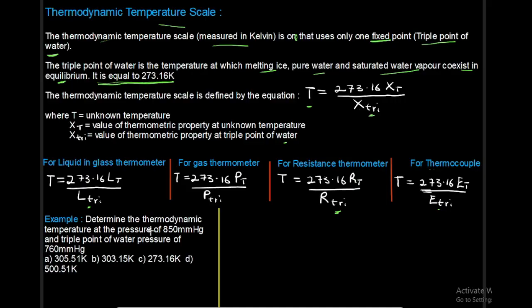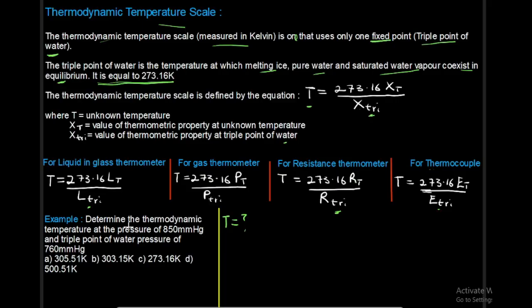Looking at this question, they said determine the thermodynamic temperature at the pressure of 850 millimeter mercury. So we are looking for the unknown temperature at the pressure of 850 millimeter mercury.